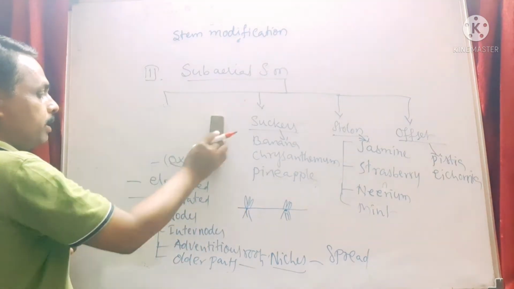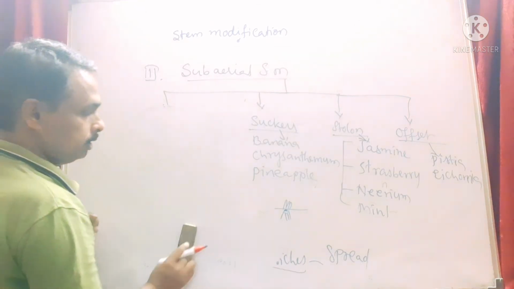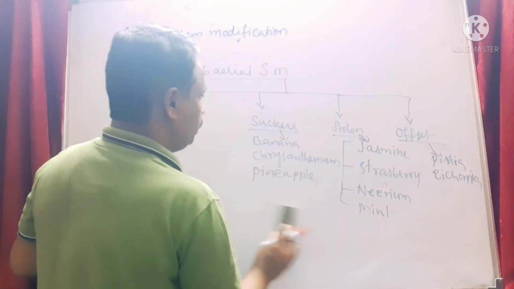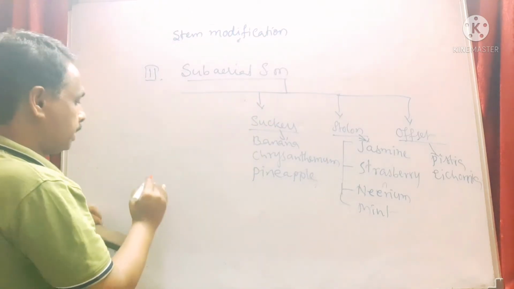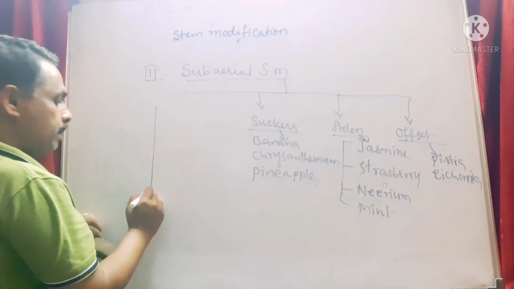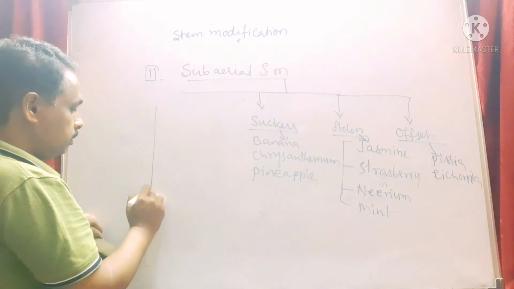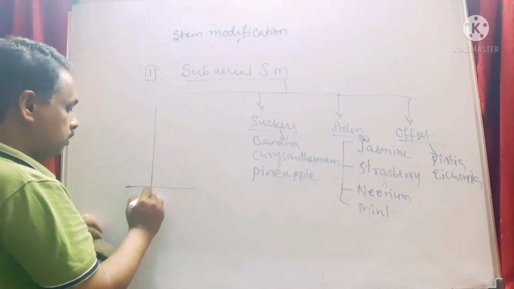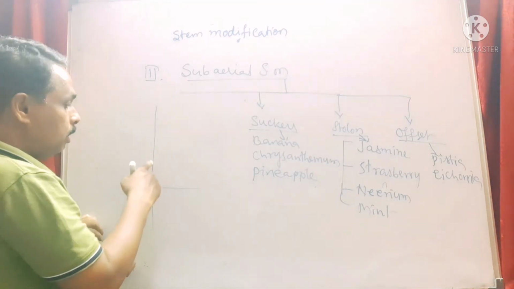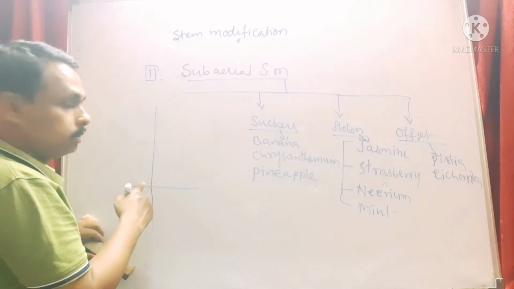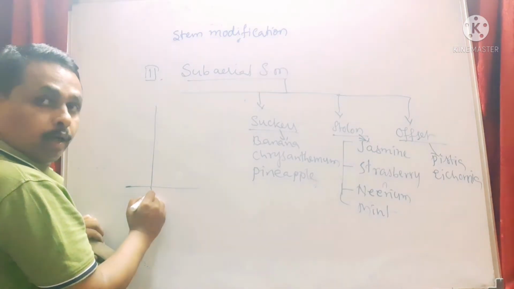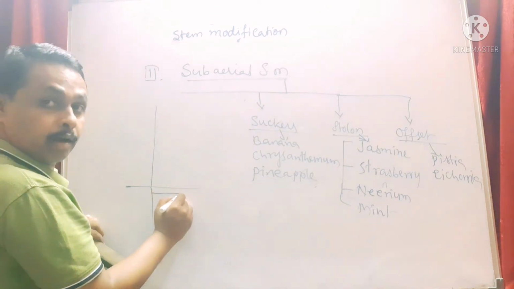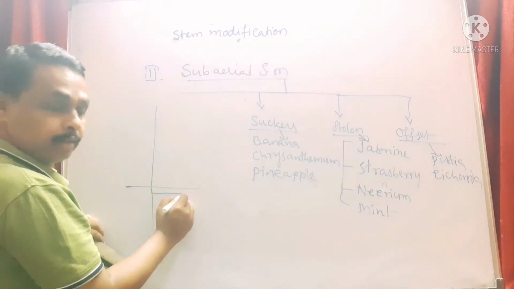That's about runners. Is it clear? Right. The next one is suckers. What is a sucker? This is the ground. This is underground. The lower basal branch of this plant will be horizontal under the ground for some length.